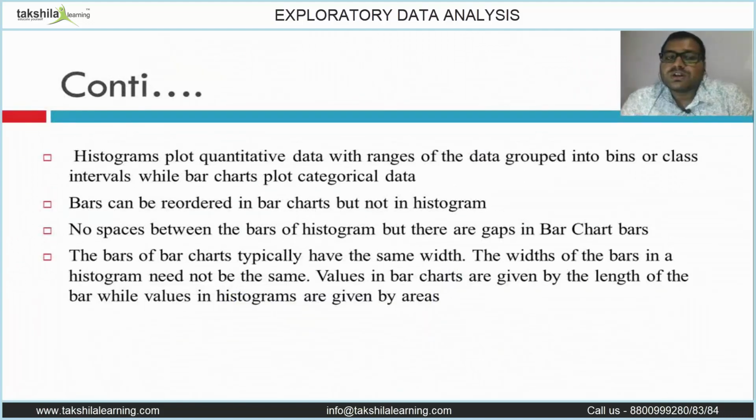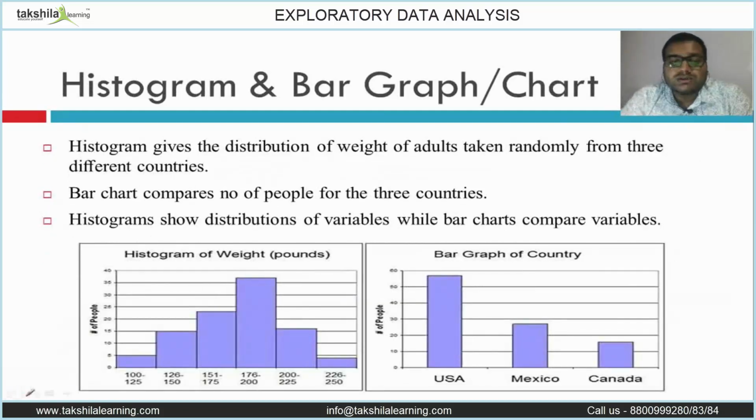Then, a histogram plots quantitative data, with the range of the data grouped into bins or class intervals, while a bar chart plots categorical data. Here, all these blue bars are the bins in the histogram.